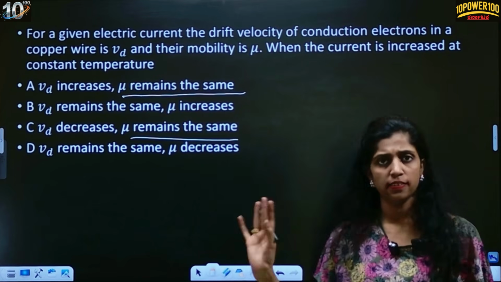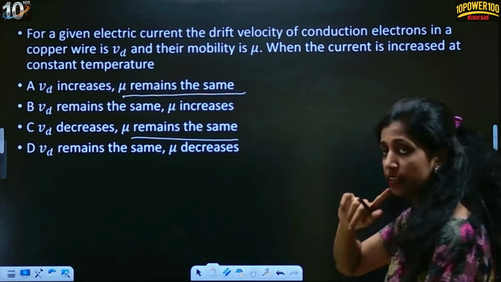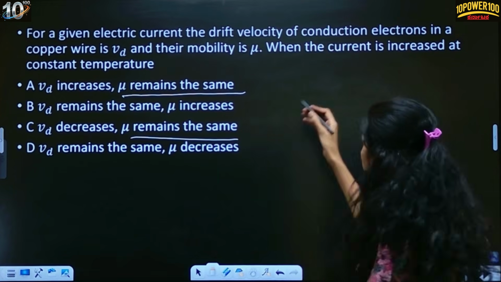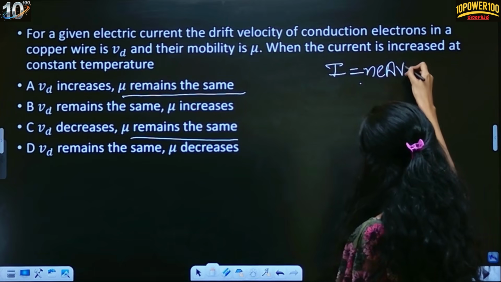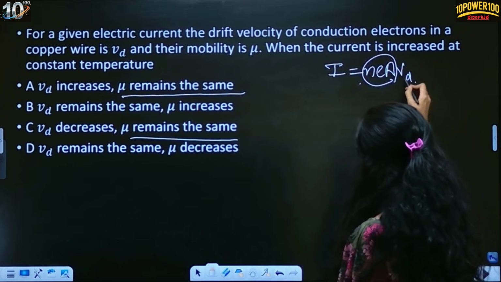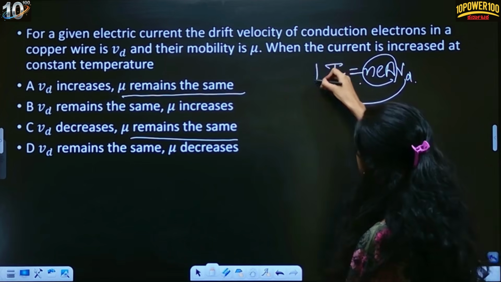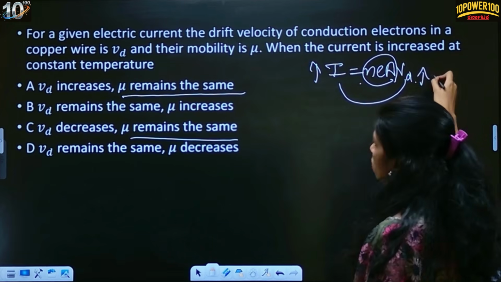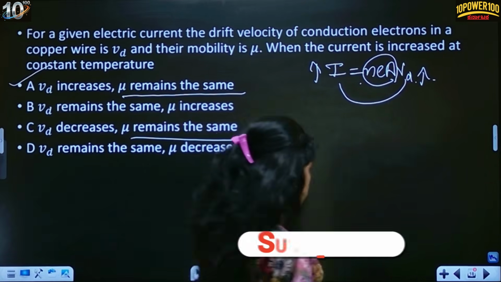But let us check what happens to the drift velocity when current is increased. We have a formula, right? I equals N E A Vd. If these are constant, drift velocity is directly proportional to current. So if current is increased, drift velocity also increases. Therefore option A is the correct answer. That's it. Very simple question.